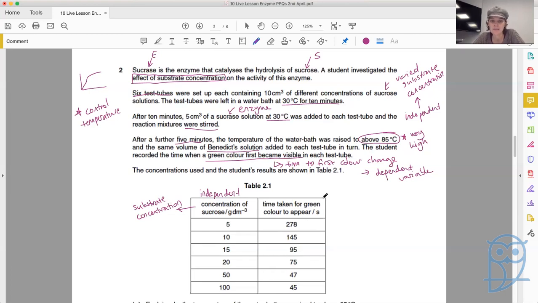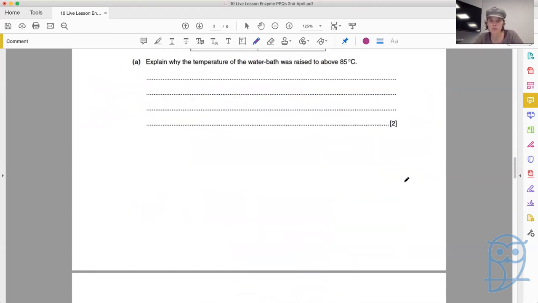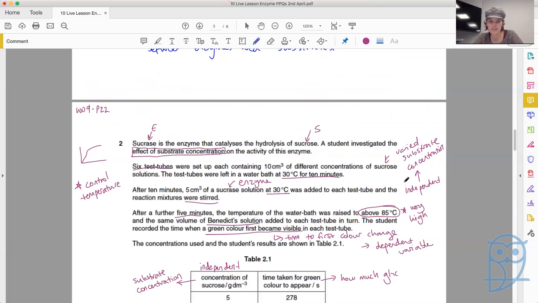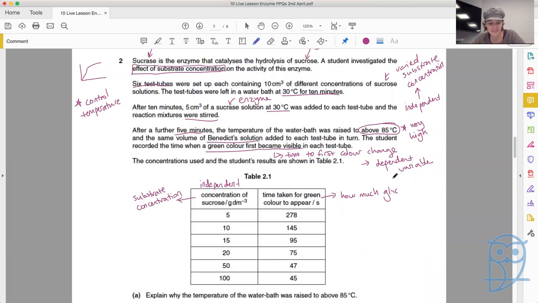Nice, neat data. So this here is indicating how much glucose is present. Whoops, sorry, I think I just learned how to page down. Our enzyme is catalyzing the breakdown, the hydrolysis, of sucrose.